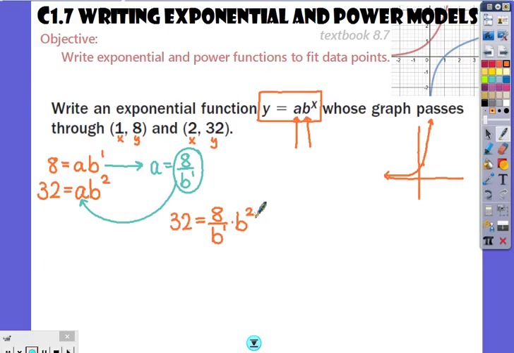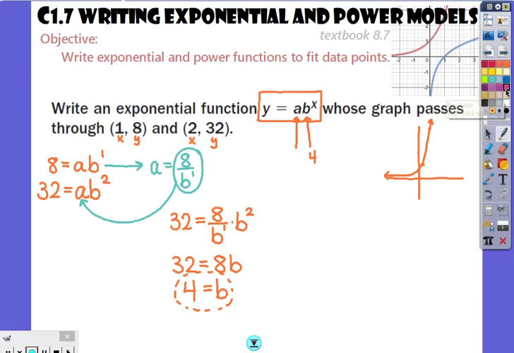I should be able to solve that. Now I've got b squared divided by a single b. b squared divided by b would just be b to the 1. Check it out. We know what b is. Now this isn't our final answer, but we're definitely going to need that to put in our final answer. So we know b is 4.